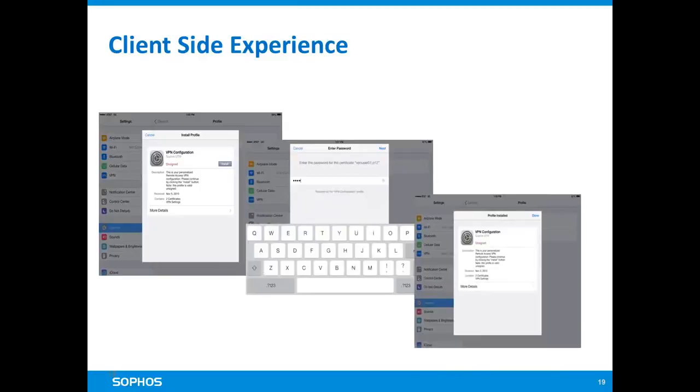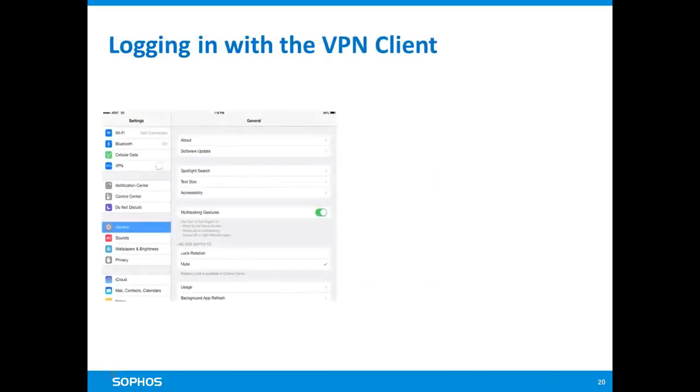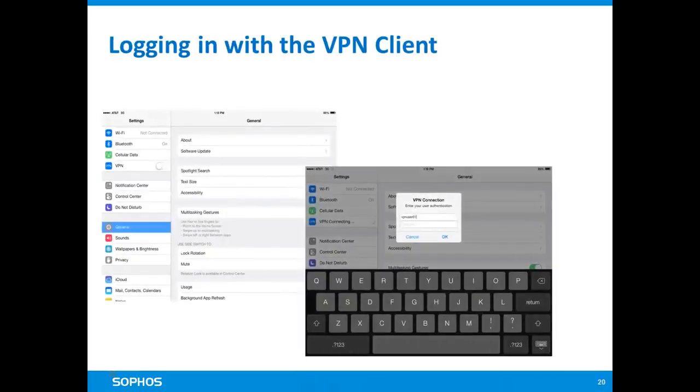So very, very simple from the end user's experience, because once they've done that, they're all set. They can then swipe on that VPN option whenever they want to connect, put in the same credentials they used to enter that user portal.